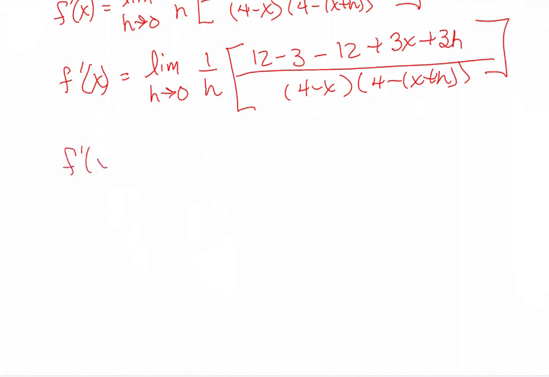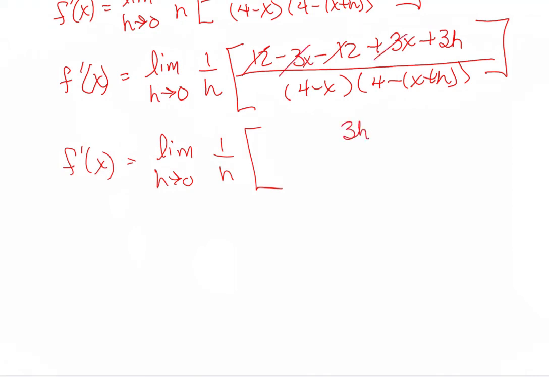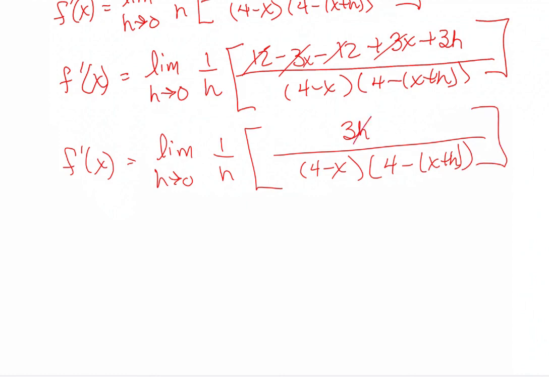So f prime of x equals the limit as h goes to 0 of 1 over h times, the 12's go away. The x's go away. And I'm left with 3h over 4 minus x, 4 minus x plus h. My h's are going to cancel, and that's going to leave the 3.